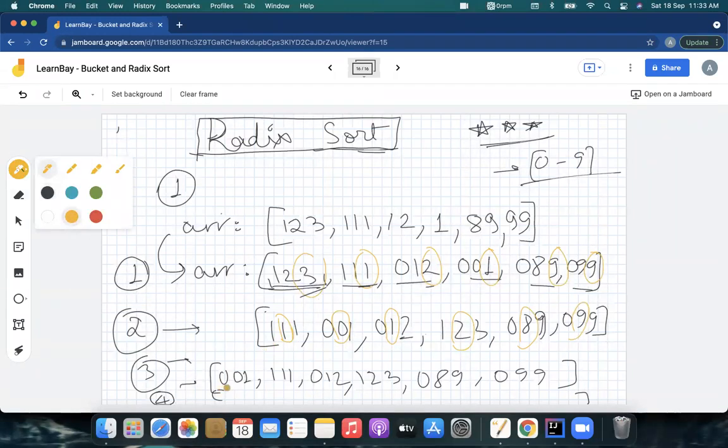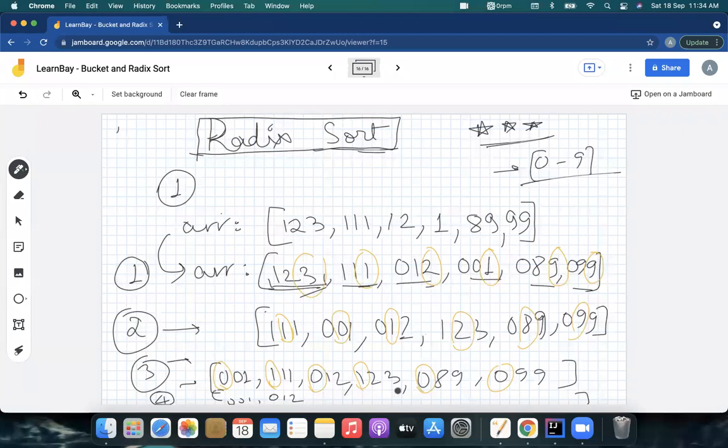Now, what is the next least significant digit? It is the most significant digit, which is this. And now we sort according to this. So firstly 0 0 1 comes. Then what are the other zeros? 0 1 2 comes.